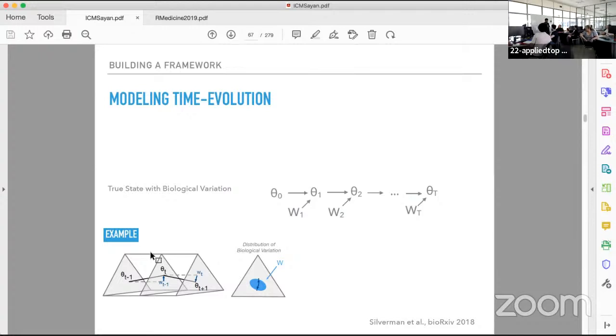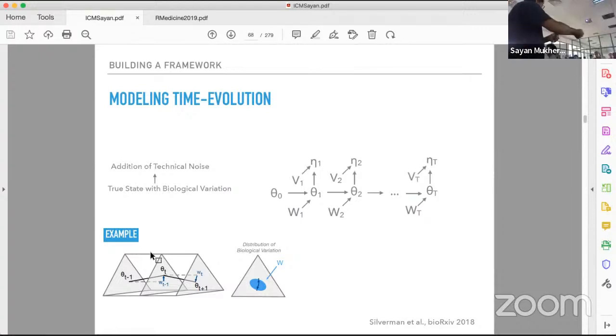Okay. Now, your thetas are what I wrote down as X. This is a true biological statement. Okay, and what's happening? You have these W's, right, which are the biological variation, and it's hitting your theta, right? Maybe in some linear way. Okay, and then you have your V's, which are technical ones, right?